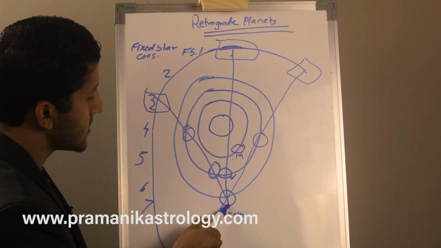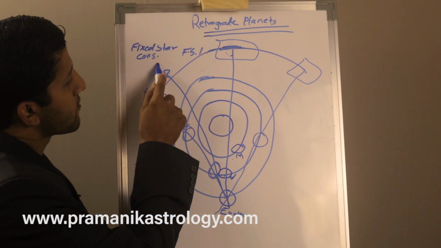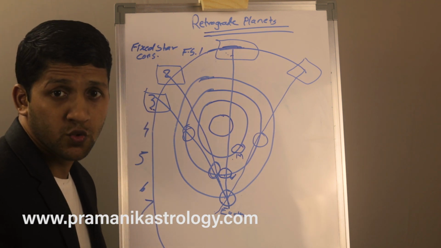And now what happens is, you can see Venus at the backdrop of fixed star 2.